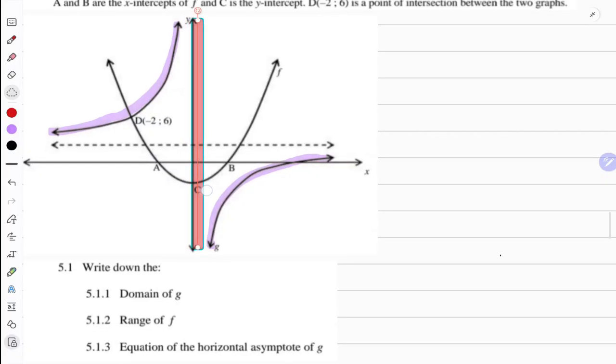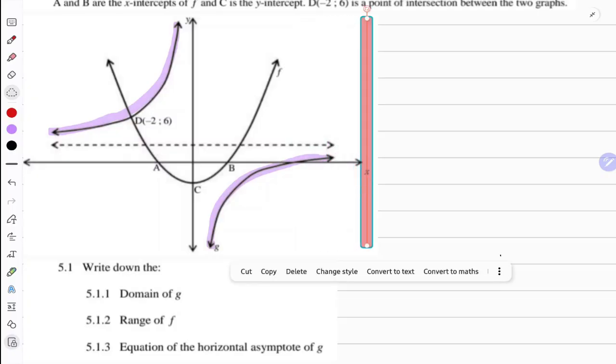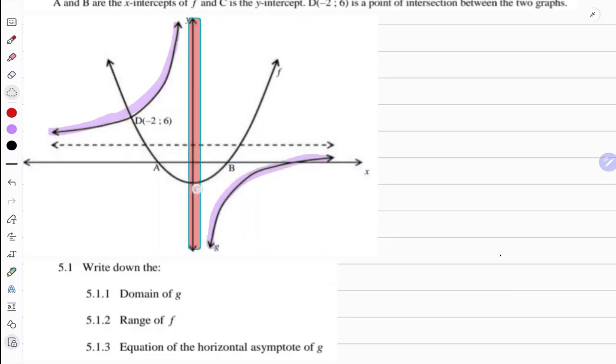But then once we cross the y-axis, or x is equal to 0, then the function exists for all the values of x. So the y-axis, or x is equal to 0, then becomes your asymptote. It brings a restriction to the domain.